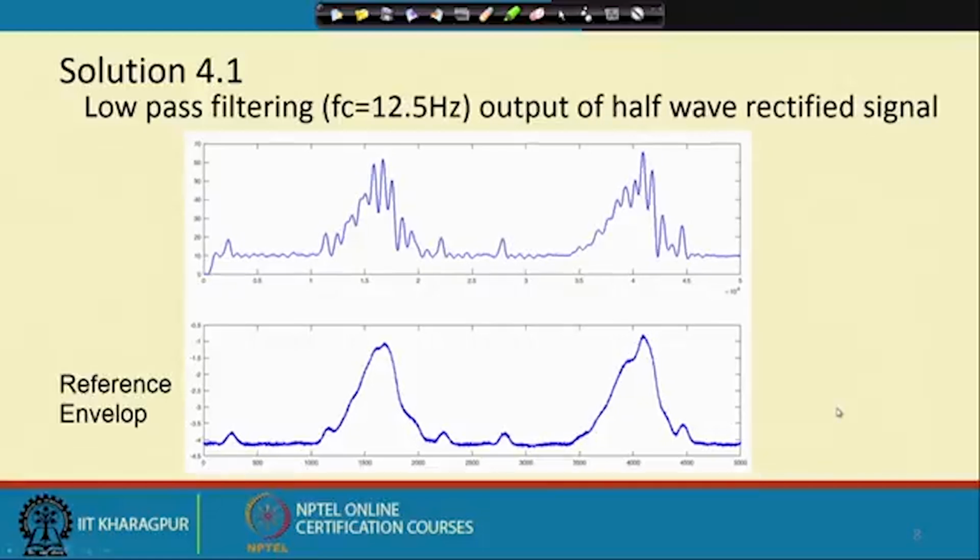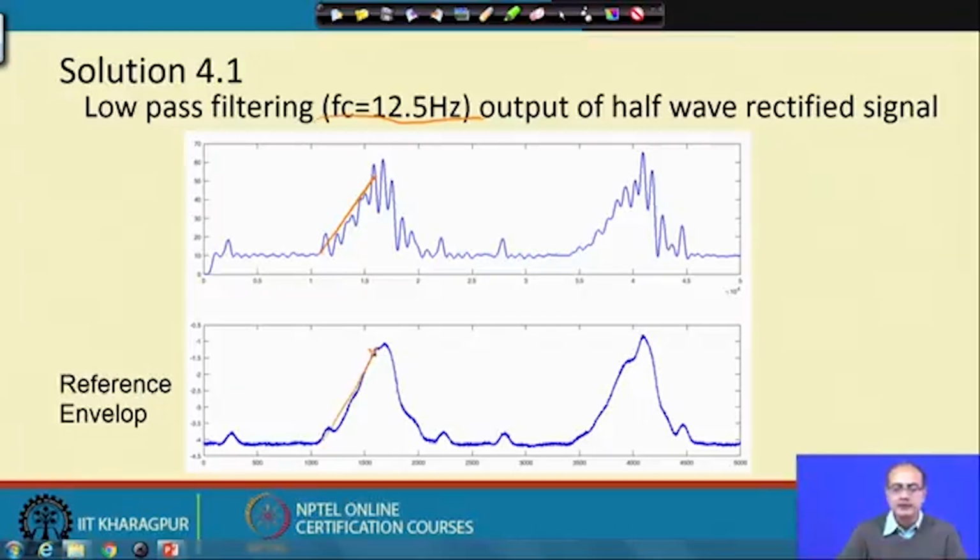Next, we change the cutoff frequency, increasing it to 12.5. As we increase the cutoff frequency, the rise in the envelope follows the reference envelope more closely. The movement is faster, but the ripple is increasing. That is what we notice.